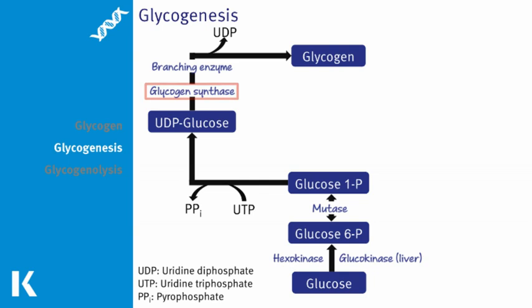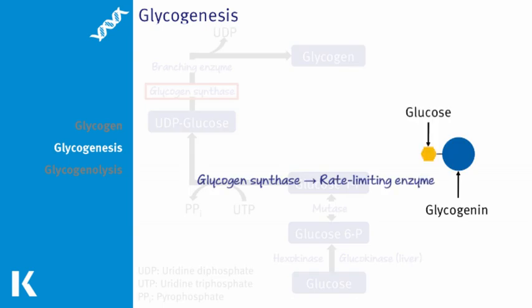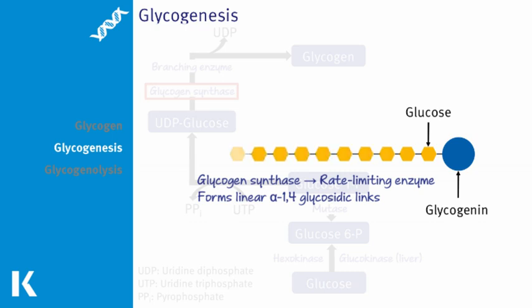The first, glycogen synthase, is a rate-limiting enzyme that adds molecules of glucose to the growing glycogen chain using alpha-1,4 glycosidic linkages. When you hear rate-limiting step, an alarm should be going off in your head. They're prime MCAT fodder, and rightly so. What better place to impose a control point than the exact step in which glucose molecules are being converted into their storage form?